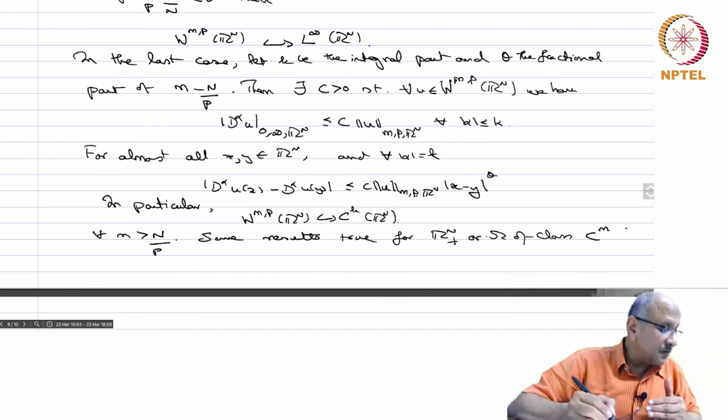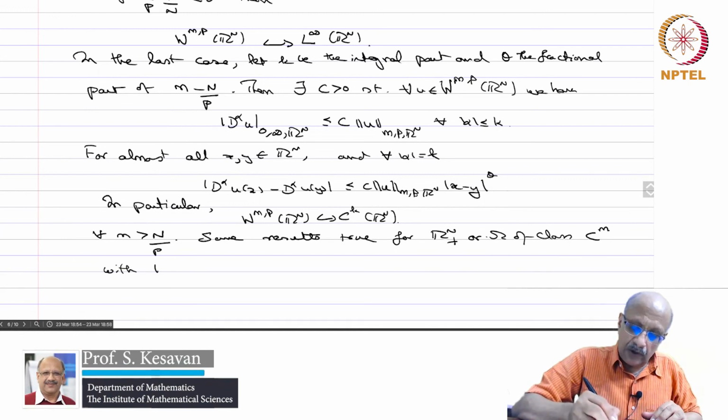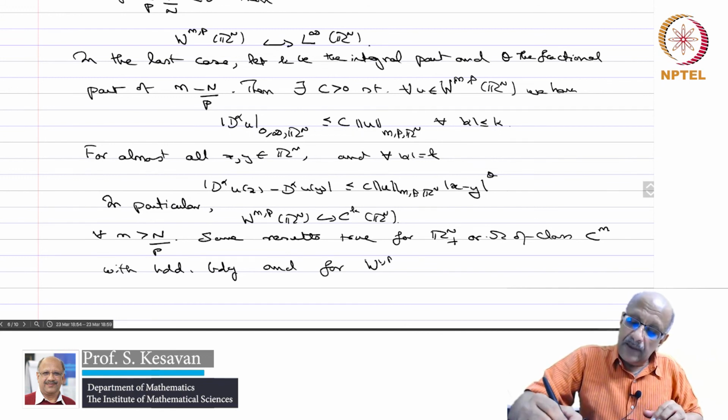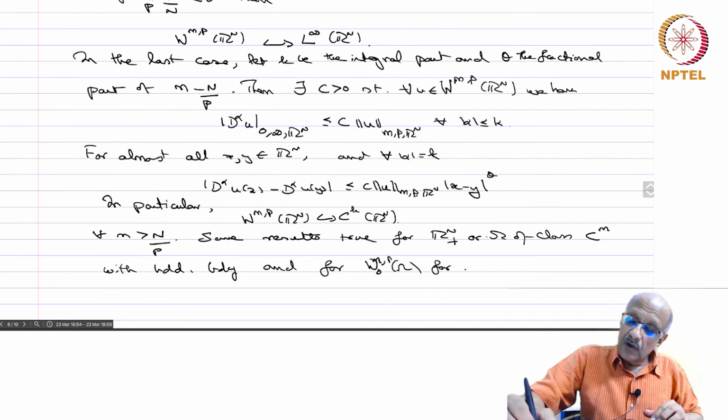So now for successive derivatives you have to include it, with bounded boundary, and for W_0^{m,p}(Omega) for any open set Omega in Rn.